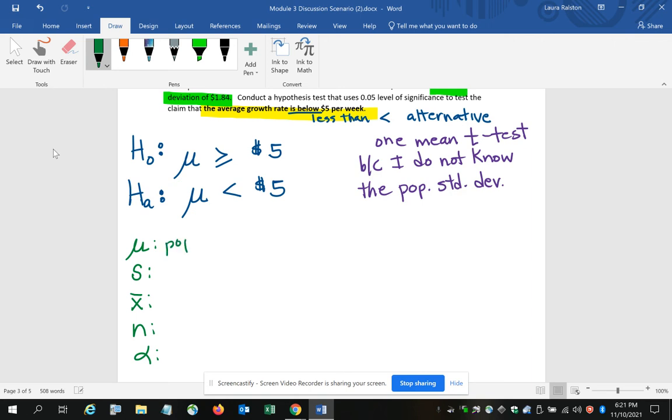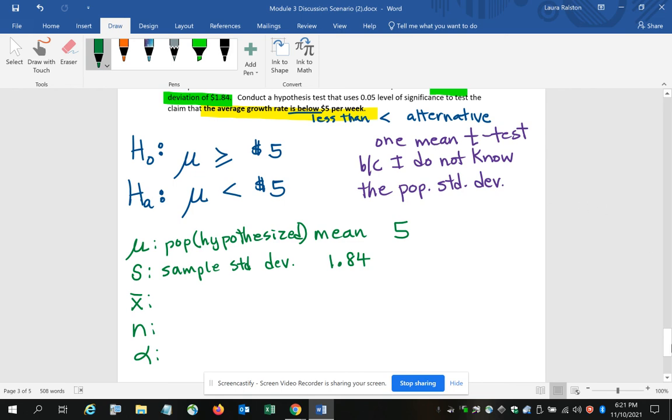The population or hypothesized mean is 5. The sample standard deviation, which I highlighted in green, is $1.84.